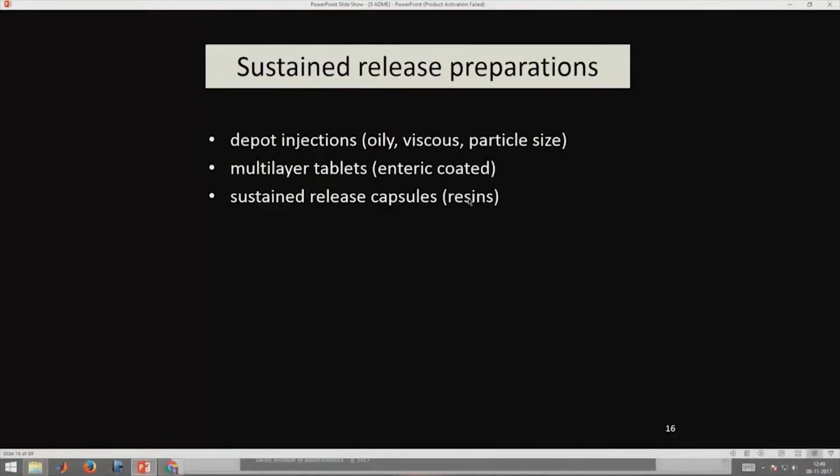Sustained release capsules: we can have the drug in resins, and it slowly releases over a very long time. Infusers: the drug gets infused, and sometimes we can have a sensor that checks the glucose level and releases the anti-diabetic drug.